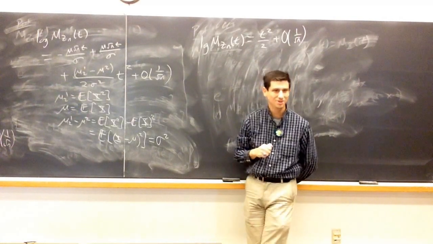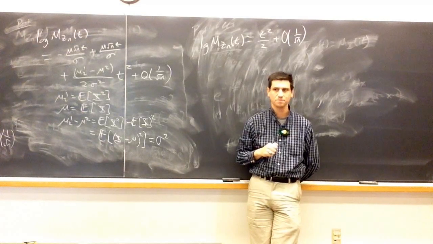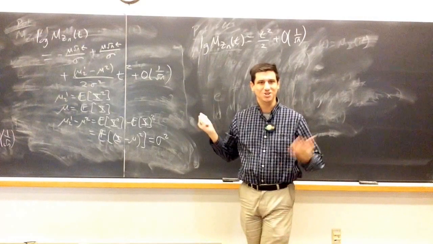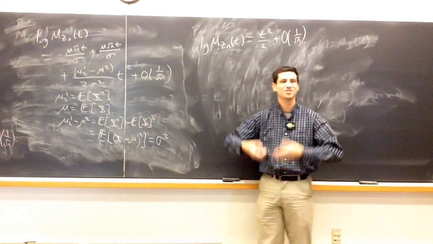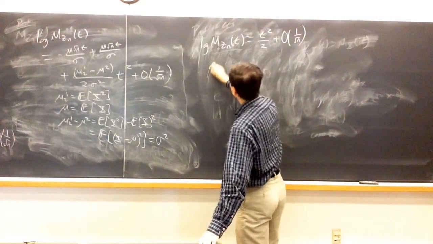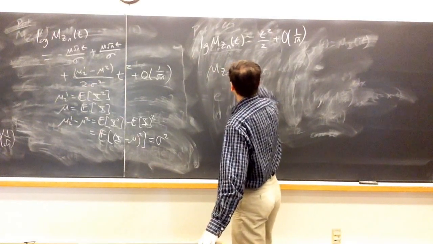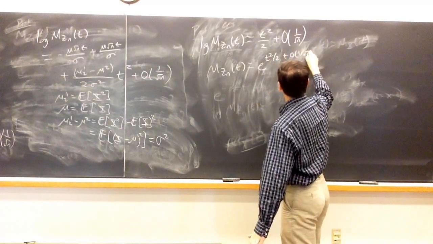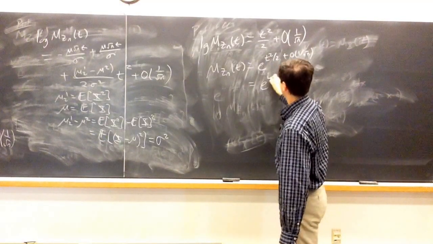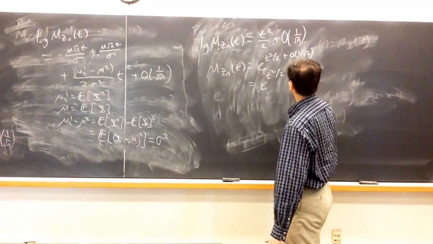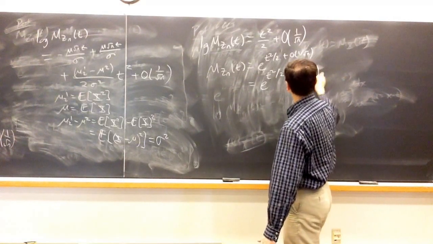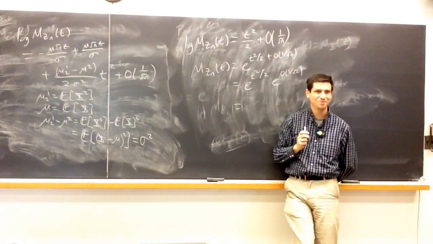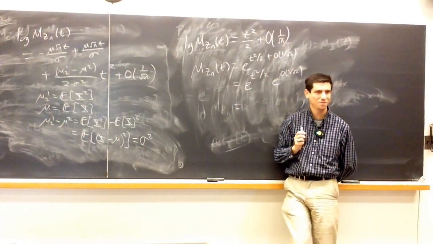All right, now what do we do? Exponentiate. You take a logarithm, but then at the end of the day, you actually exponentiate to get back to the quantity you want. So that means mzn of t is e to the t squared over 2 plus big O of 1 over square root of n. That's e to the t squared over 2, times e to the big O of 1 over square root of n. But you might recognize e to the t squared over 2. What is e to the t squared over 2?